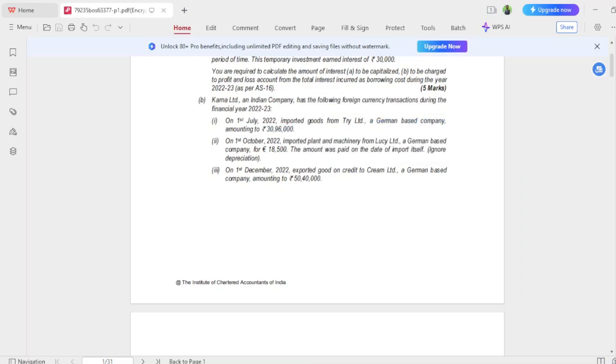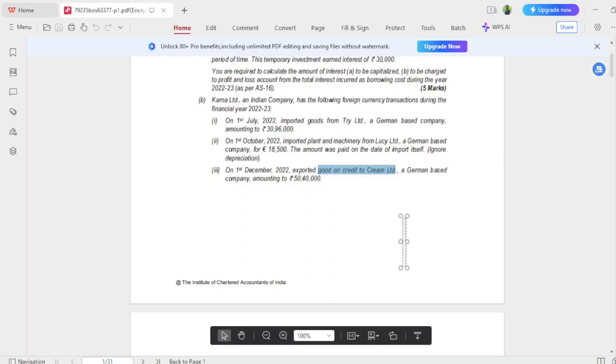Tri Limited became the creditor. On 1st October 2022, it imported plant and machinery from Lucky Limited, a German based company, and exported goods on credit to Cream Limited. So Cream Limited becomes the debtor.